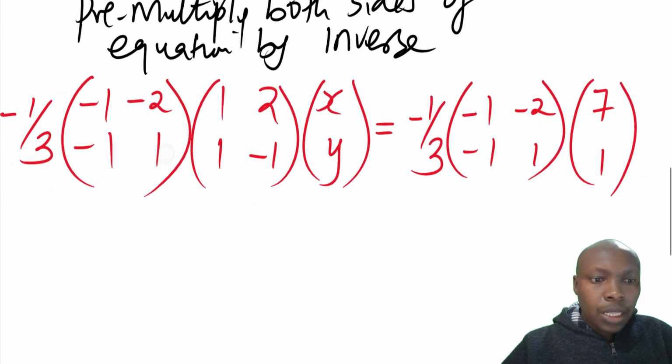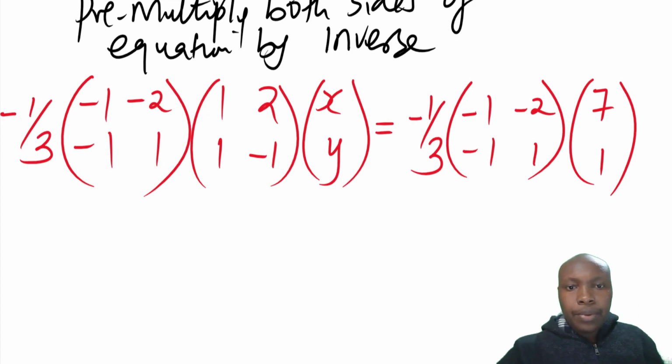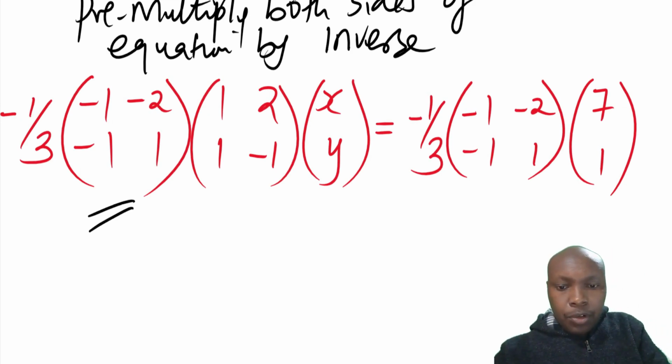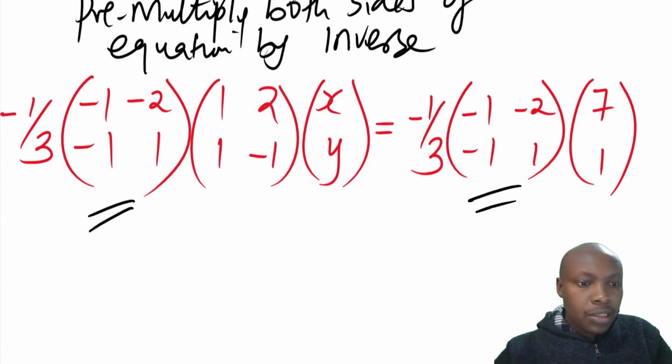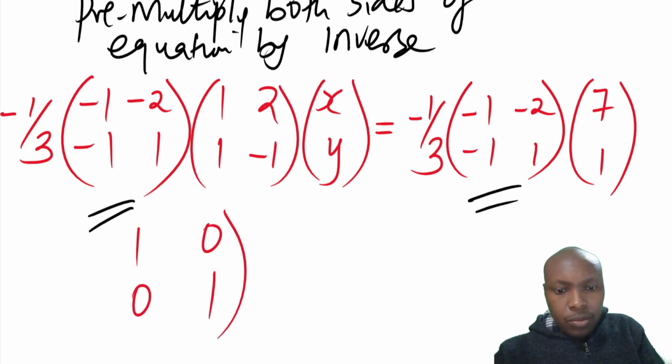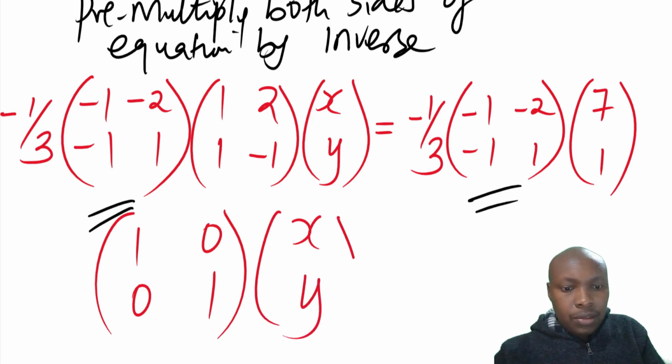You can see we have pre-multiplied both sides by the inverse. When you multiply out, the left side gives the identity matrix, 1, 0, 0, 1, times x, y.